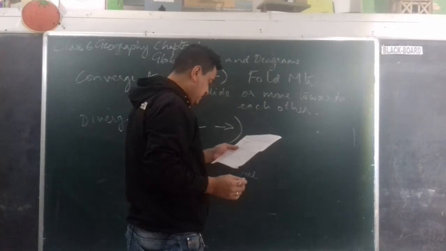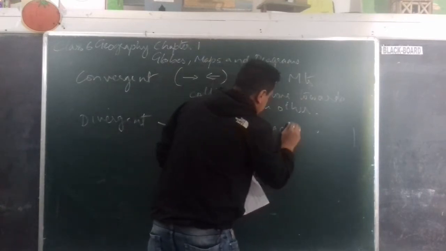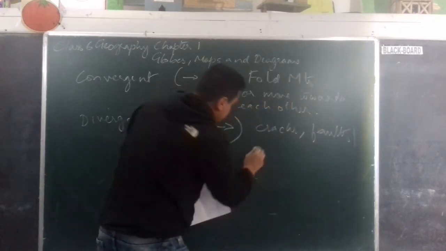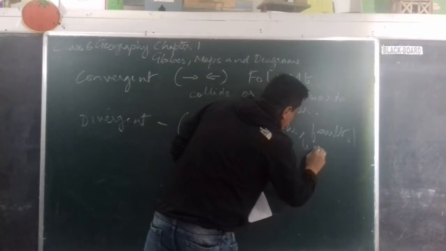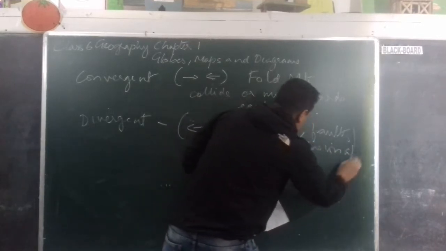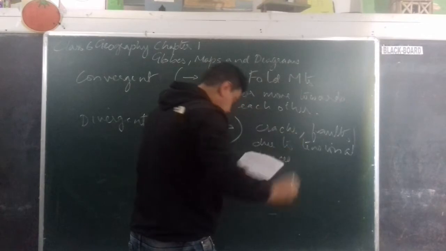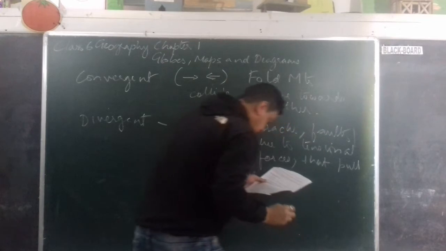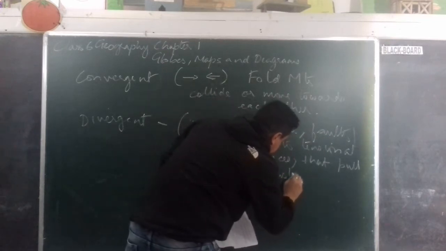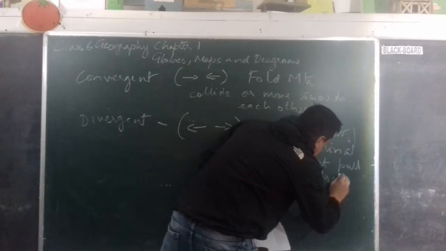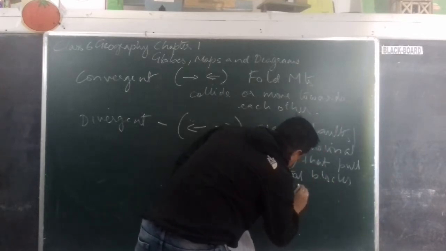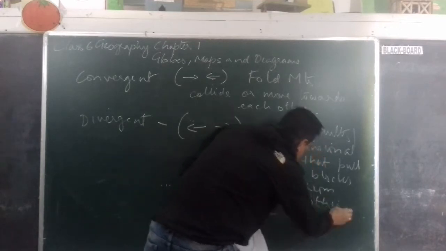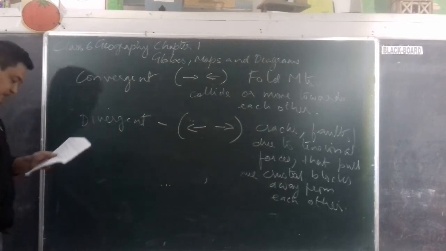This movement actually causes cracks and faults, F-A-U-L-T-S, due to tensional force. That pulls crustal blocks away from each other. So these are the two movements which we will be studying in more detail.